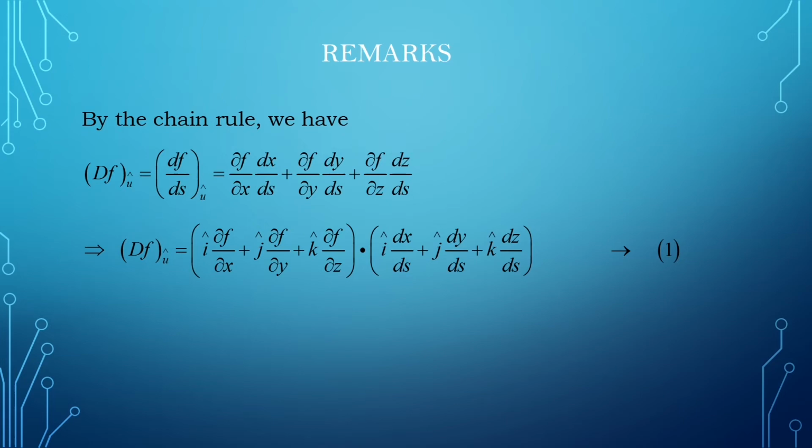This can be written as del f at u cap equals i cap dou f by dou x plus j cap dou f by dou y plus k cap dou f by dou z dotted with i cap dx by ds plus j cap dy by ds plus k cap dz by ds.